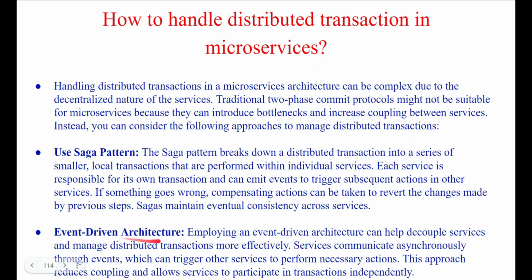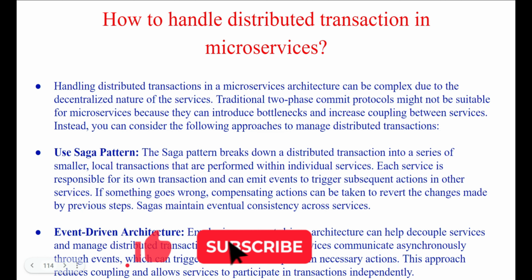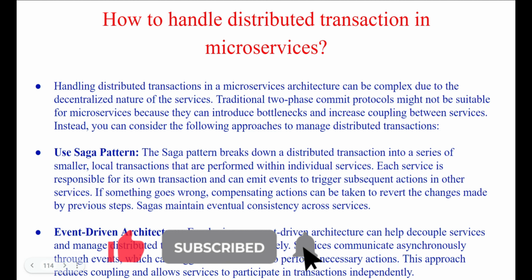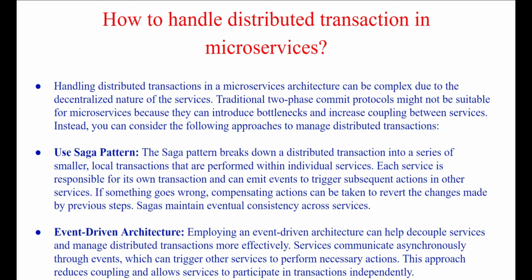Also, you can have the event-driven architecture where an event helps you decouple and manage the distributed transactions. Here, the communication is completely asynchronous through events. So what you do is, you create an event in the order service, which triggers an event to the payment service to get it done. This approach reduces coupling and helps multiple services participate in the transactions independently.